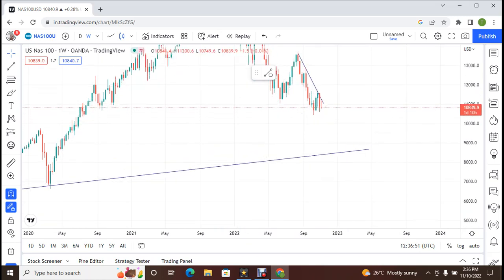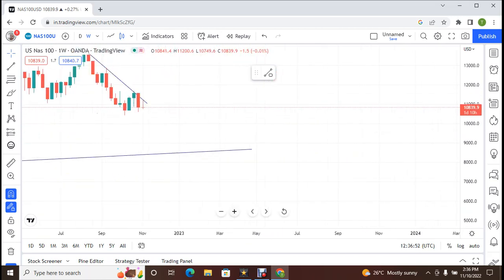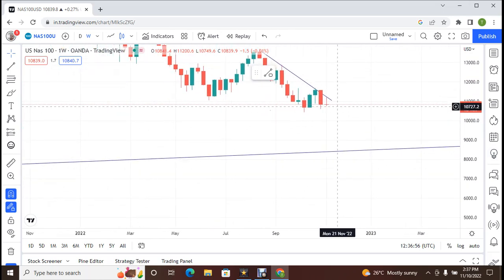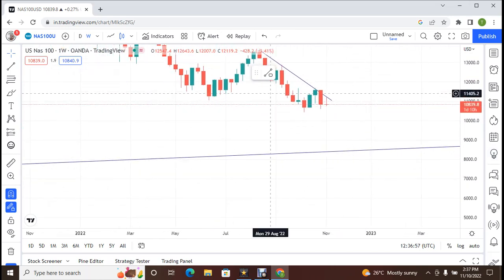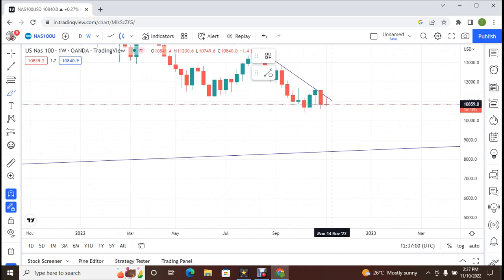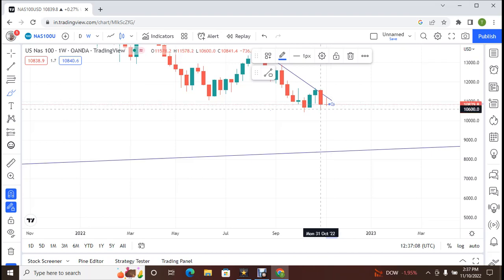The reason for that, let me say, if you enter your trade at this level, because you are on a weekly time frame and then you put your stop loss here, it looks like it's only a few pips, but the distance between your entry point and where you position your stop loss is huge. It's a lot of money.